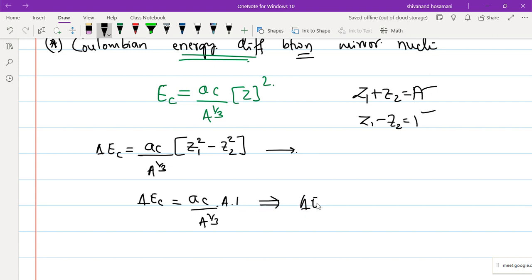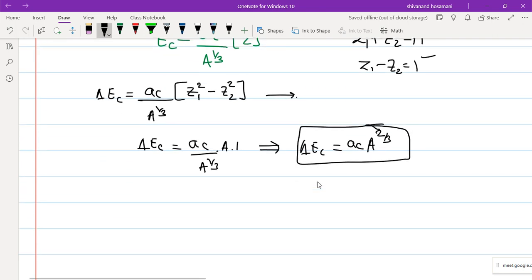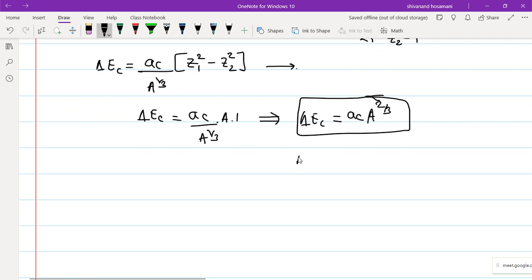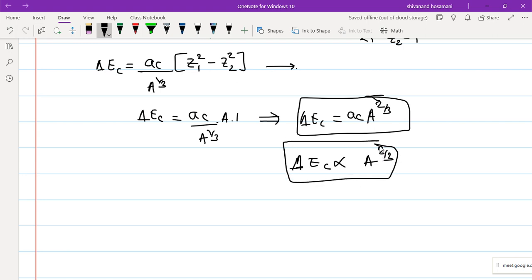Then that energy difference becomes AC into A to the power of 2 by 3. They may ask, so the energy difference between the mirror nuclei is proportional to A to the power of 2 by 3. Delta EC is directly proportional to A to the power of 2 by 3. Done with this? Is that clear all?